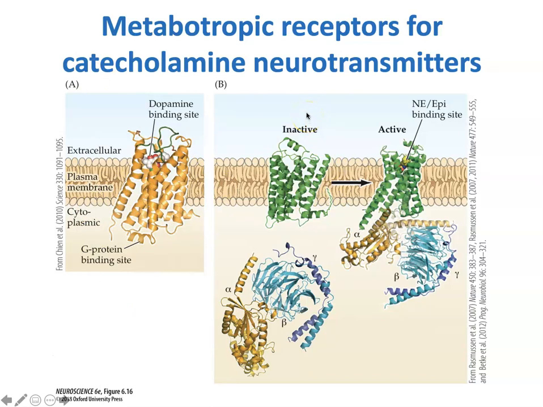For the other catecholamine neurotransmitters that we talked about, norepinephrine and epinephrine, these are images of the beta adrenergic receptors. And so you have the membrane spanning regions again during the inactive state, and then during the active state, where you have these compounds that will come up to the receptor itself and interact with the receptor.